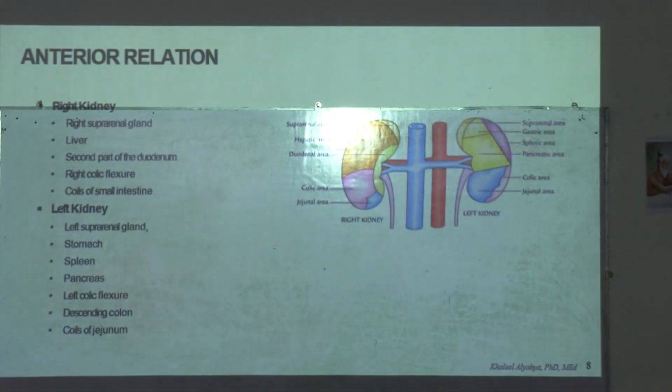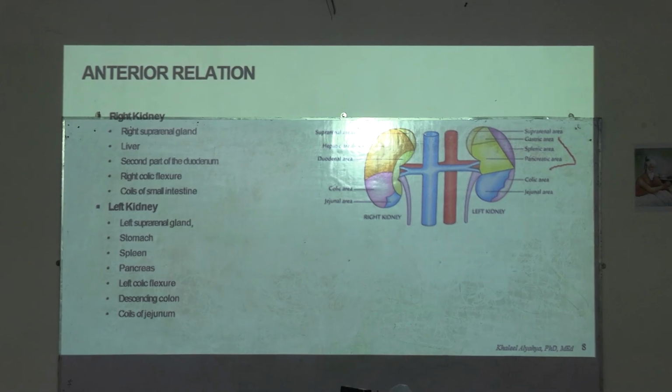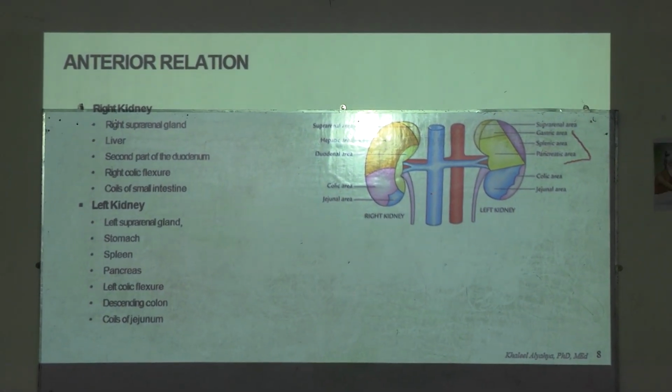So that area is in relation to the stomach. And similarly, in the lower part we can get the jejunal area in both kidneys, and another area, the colic impression, which is created by the descending colon.